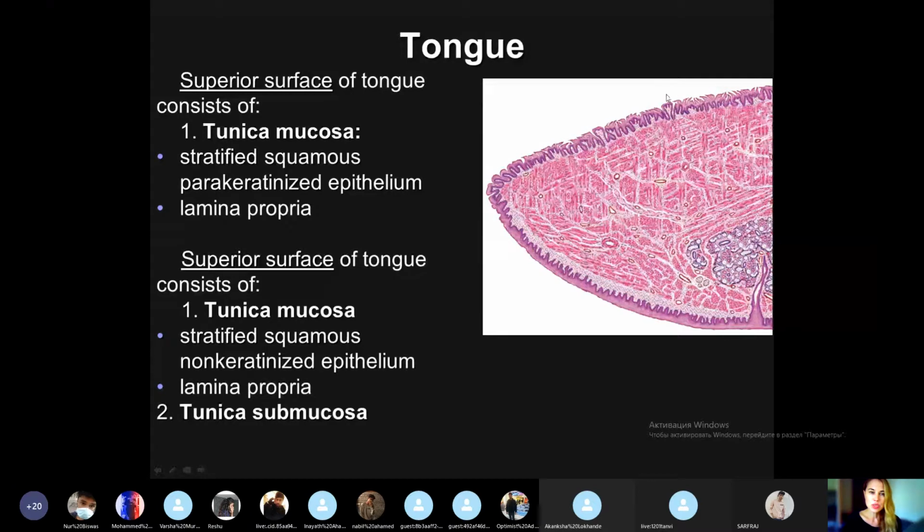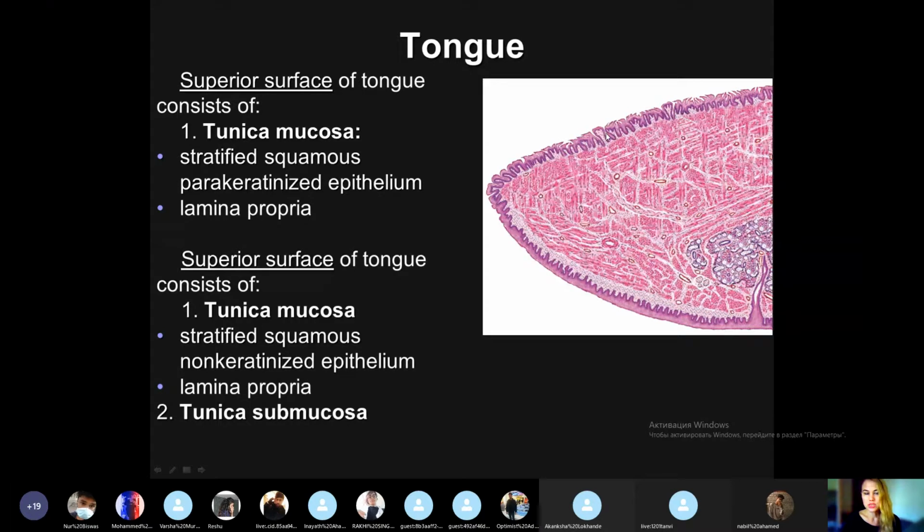So the superior surface of the tongue consists of such components of tunica mucosa as stratified squamous parakeratinized epithelium and lamina propria. Let's focus in detail on each component. The superior, or dorsal, surface of the tongue first of all has well-developed papillae that we will discuss later.